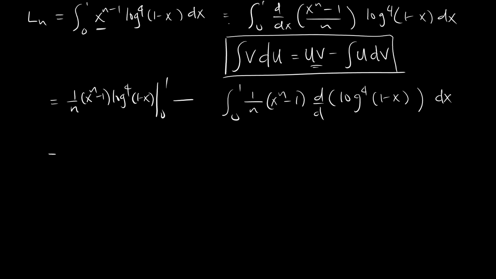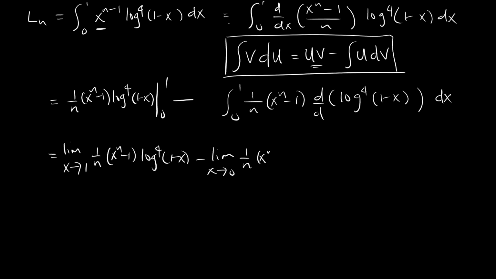So this is the same as the limit as x tends to 1 of that expression minus the limit as x tends to 0 of that expression, minus the integral from 0 to 1 of 1 over n, x to the n minus 1 times the derivative.